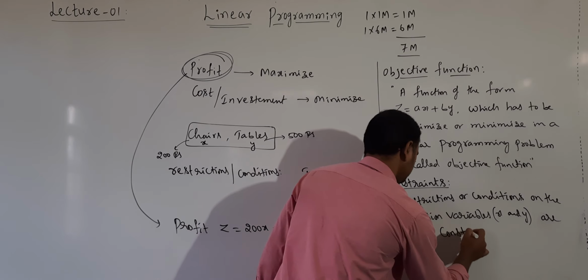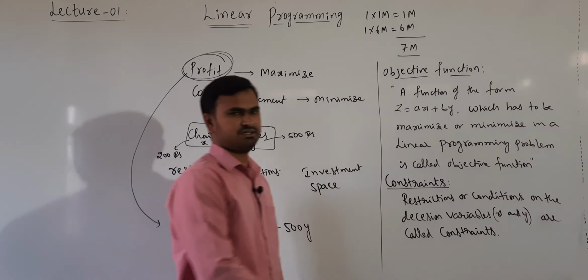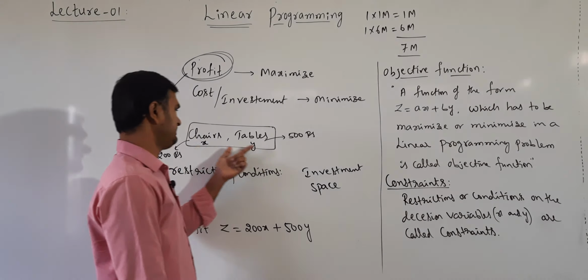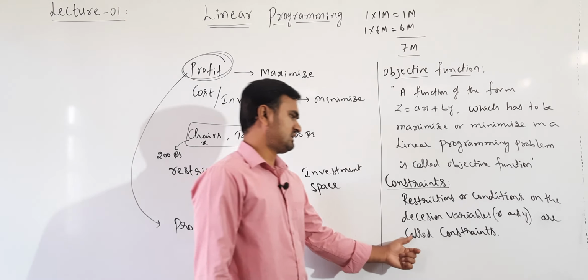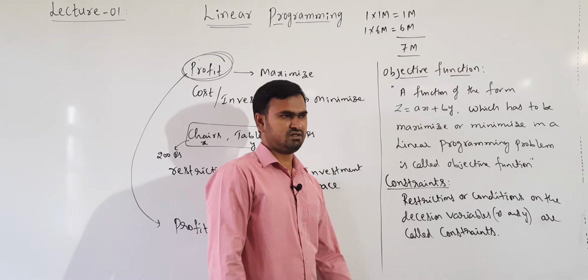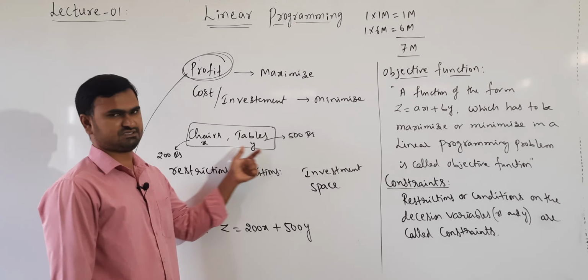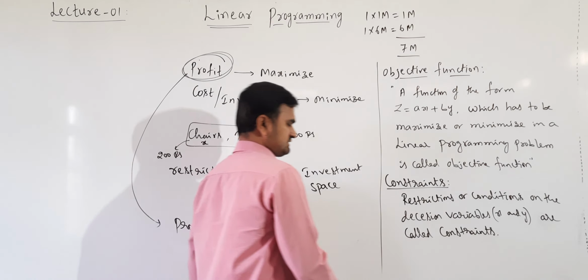Understand? The restrictions or conditions on these decision variables, here x and y, are called the constraints. The decision variables x and y here, the number of units, can never be negative. So x and y are always positive.